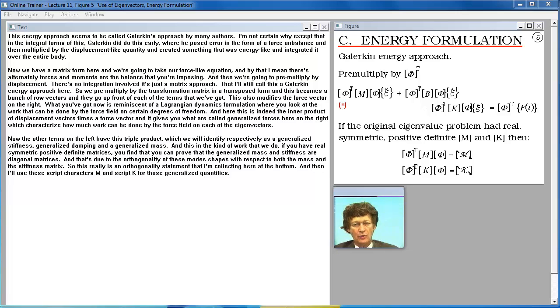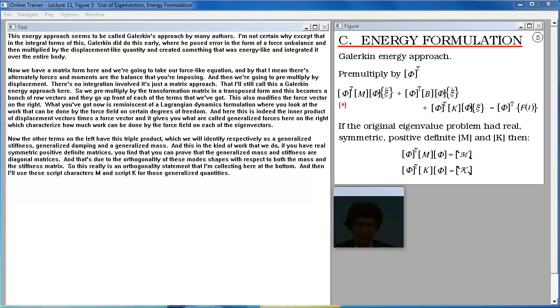This energy approach seems to be called Galerkin's approach by many authors. I'm not certain why, except that in the integral forms of this, Galerkin did do this early, where he posed error in the form of a force on balance and then multiplied by the displacement-like quantity and created something that was energy-like and integrated it over the entire body.